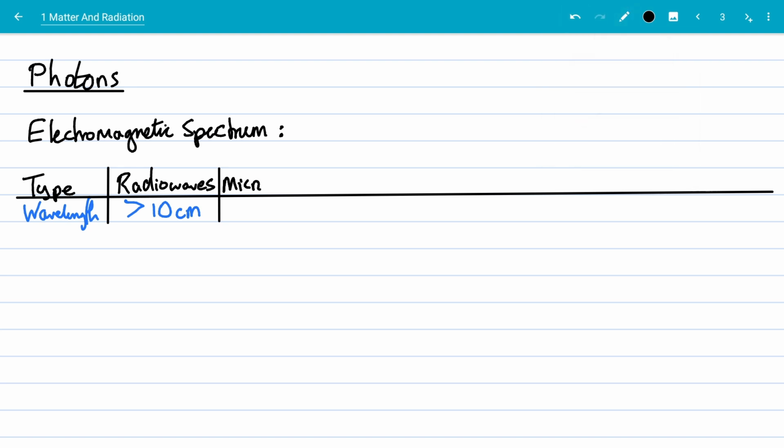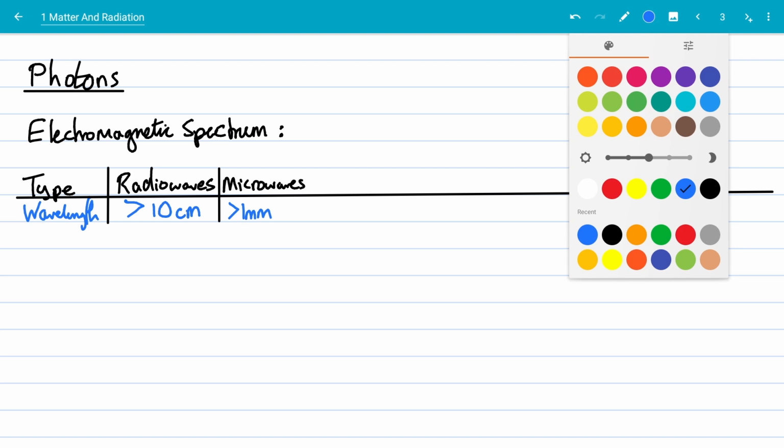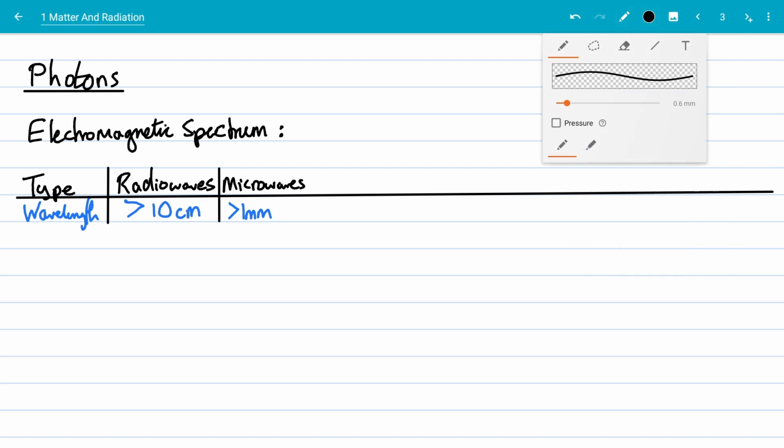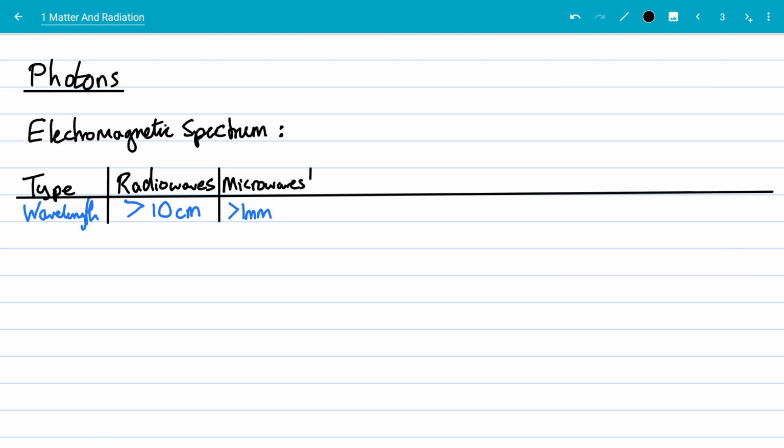So microwaves are electromagnetic radiation where the wavelength is a little bit more than 1 millimeter, but less than 10 centimeters. Just like that. Well, that's what your mobile phone uses for communication.